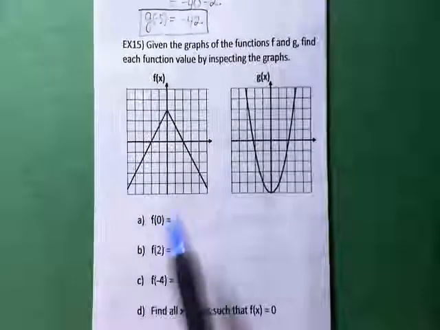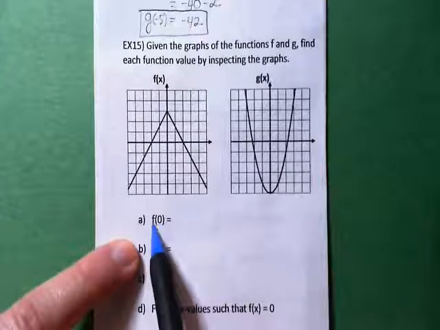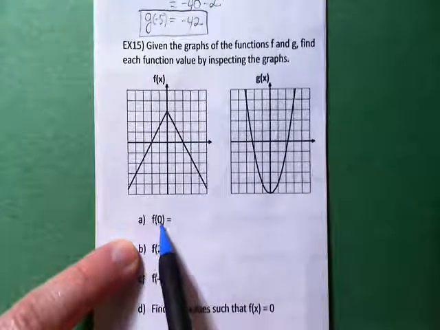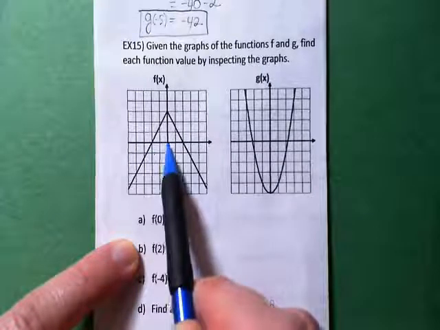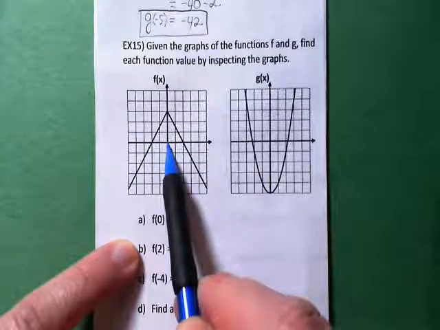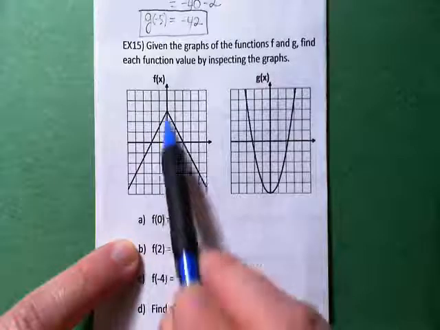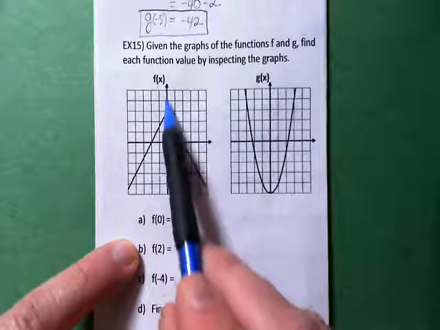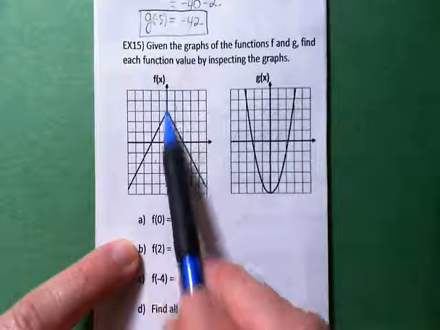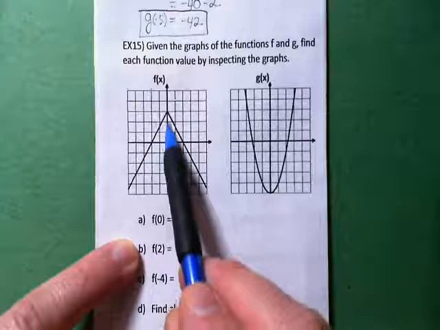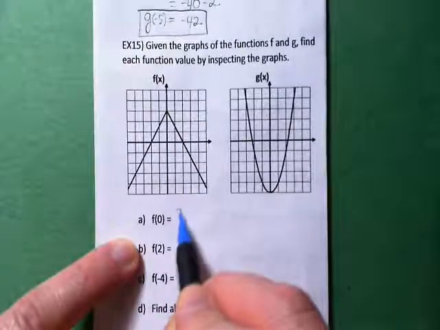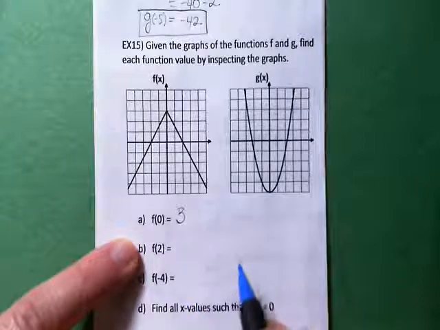So in other words, what is the value of the function when x equals 0? So look for x equals 0. At x equals 0, which is this line right here, how high do we have to go? Well, we have to go 1, 2, 3. So that means f of 0 will be 3.